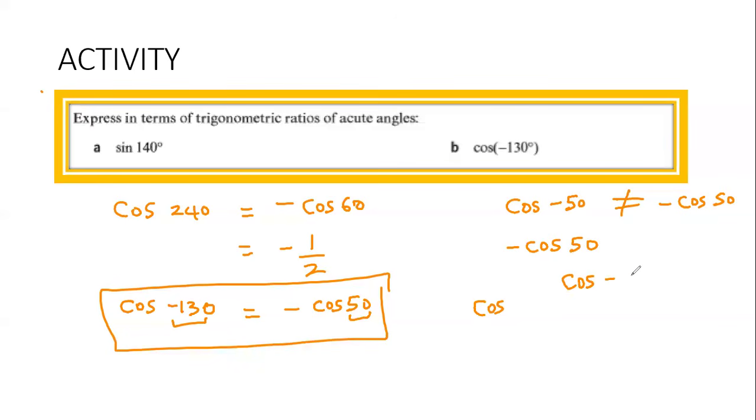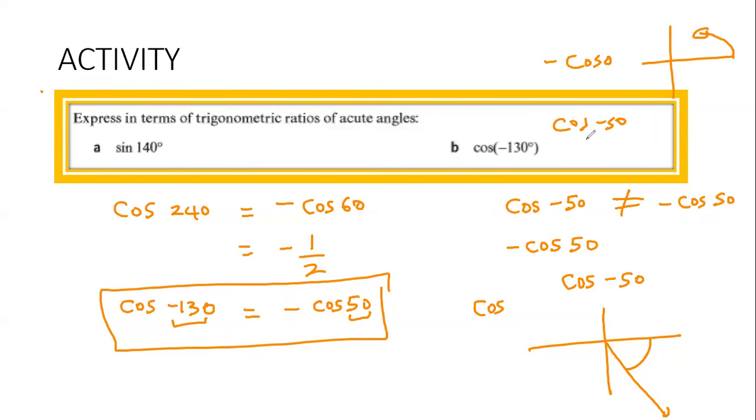Cos of negative 50, I told you it means that I'm going to move in this direction. That is the meaning. Whereas negative cos of 50 is something different. You move this side. To make it much easier, just get your calc, place cos of negative 50 and see which answer you get.